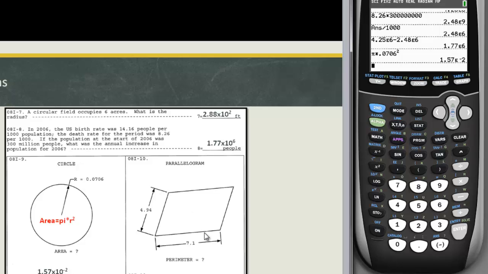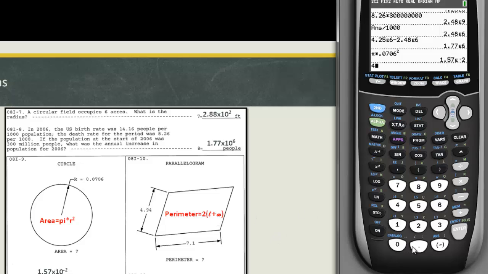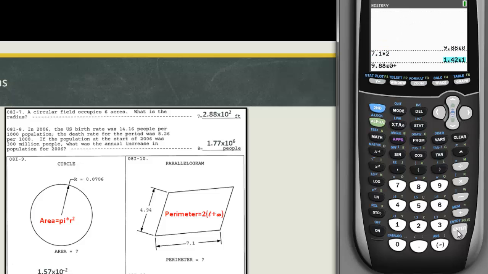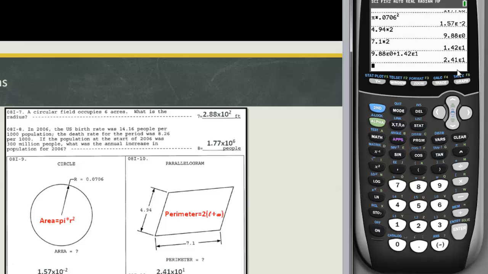On number 10, it's a parallelogram. So to figure out the perimeter, we can add all the sides, or we can use the formula 2 times the length plus the width. So we can just put 4.94 times 2, because there's 2 sides, 4.94 and 4.94, and 7.1 times 2, and then I can just scroll up and hit enter, add the sides with the other sides, and you get 2.41 times 10 to the first power.